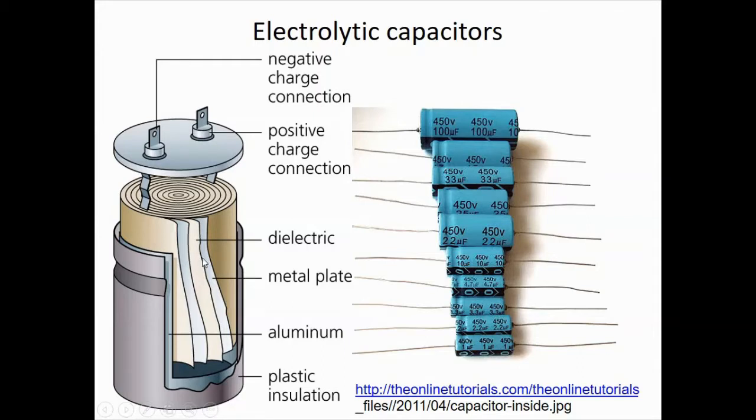And the metal is a very thin foil, so they are flexible. So you make a spiral, so it goes round and round, so that a very large effective area of capacitance is contained in a very small volume. This is how the internal structure of an electrolytic capacitor looks.